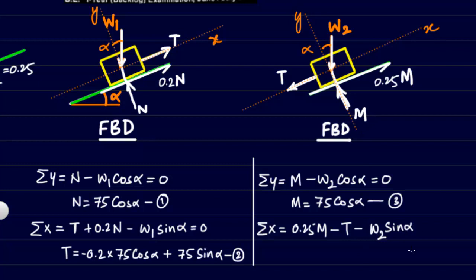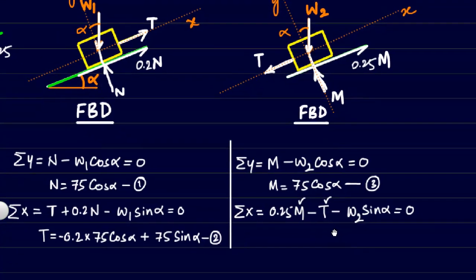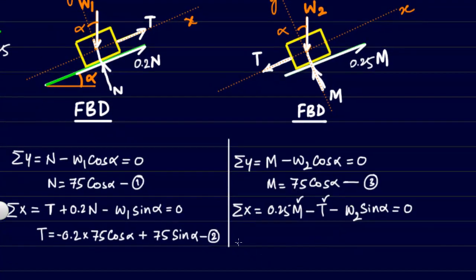Of course, the normal reaction is in the y-axis. It will not have any effect in the x direction. The total again has to be equal to 0. Now in this equation, we will have to substitute for T as well as for M. So let us substitute for both of these from equations number 2 and 3 and see what we get.